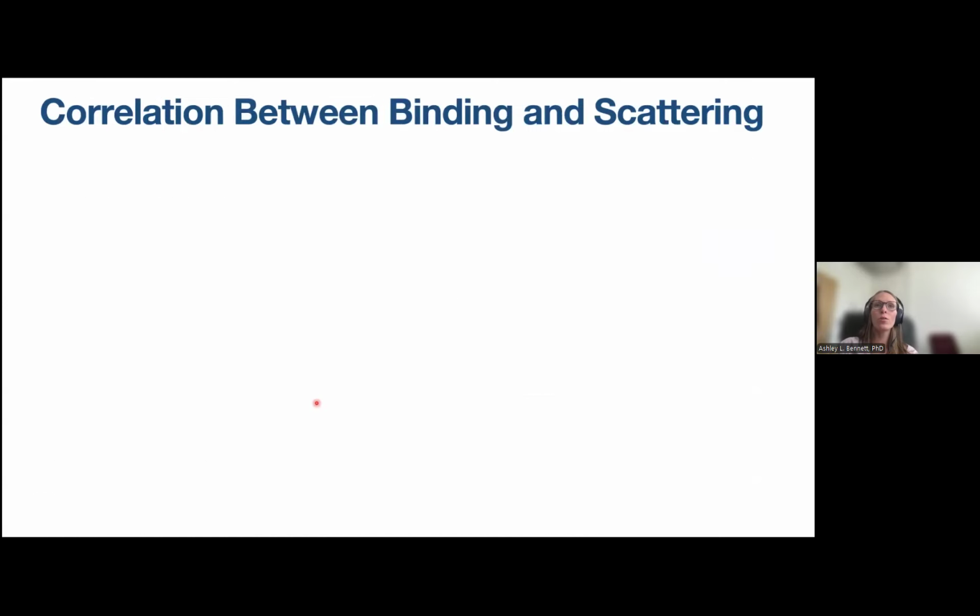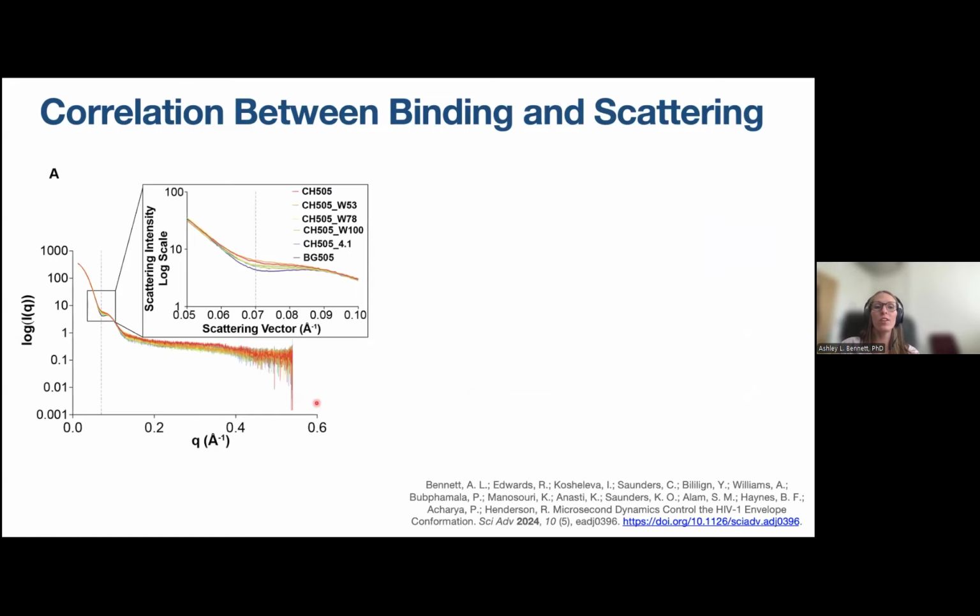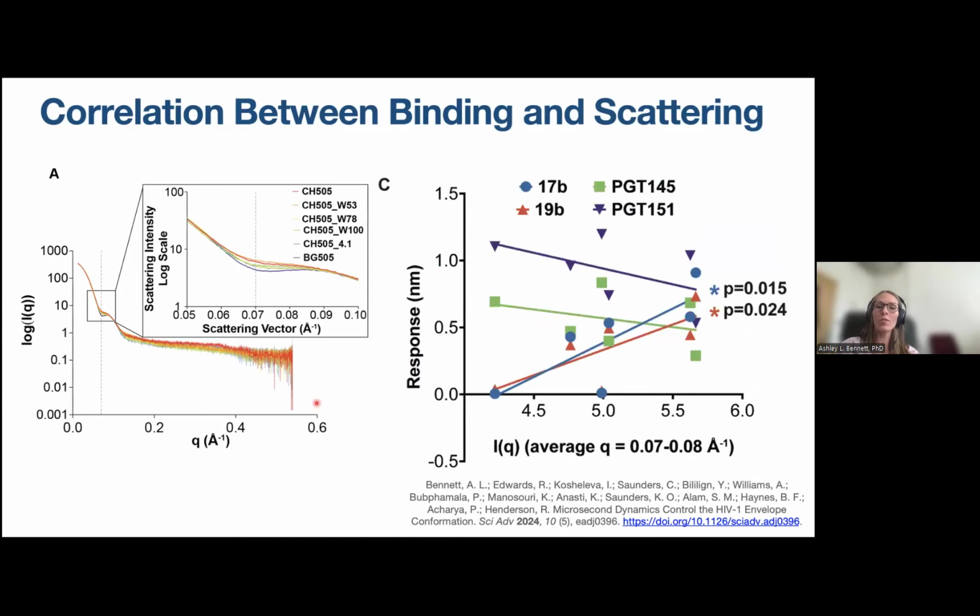We also took this one step further and measured SAXS in a whole series of envelopes that have varying degrees of closed state stability. And we correlated this to the binding response for 17B and 19B. 17B is shown here in blue and 19B is in red.